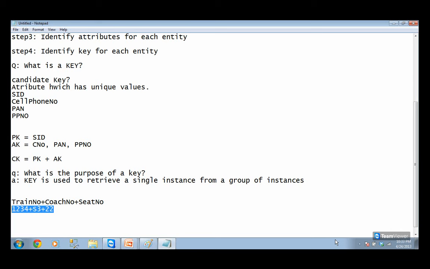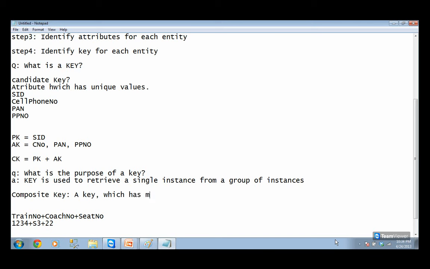Sometimes you have to provide multiple attributes to identify a single instance. So this is known as a composite key. What is a composite key? A key which has multiple attributes is known as a composite key.